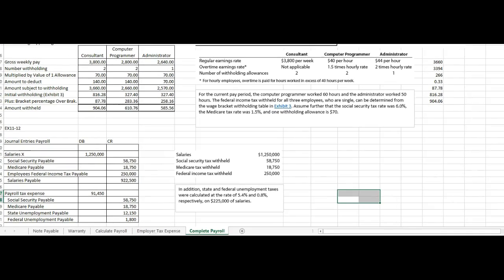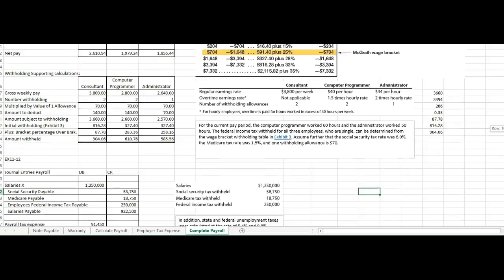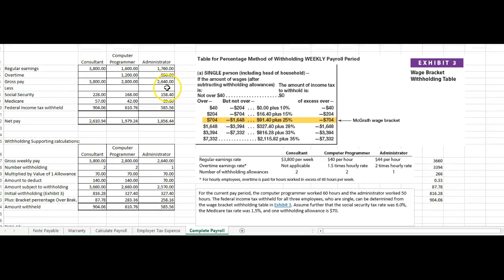Let me show you. See, so you have one journal entry for the payroll, and then you have a journal entry for the employer tax expense. So this is quite complex. We'll just hold off on it, and I'll do a whole new video just for it. All right, thank you.